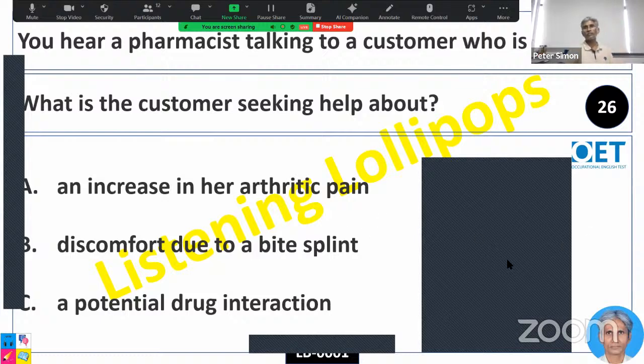Bite. Okay. Next in the C, what is the most important word? First one is arthritis, second one is bite, third one is what?